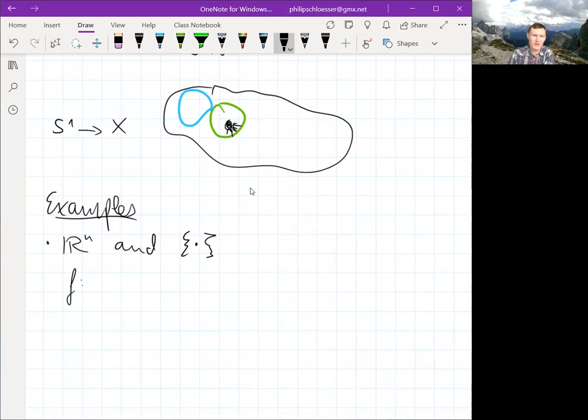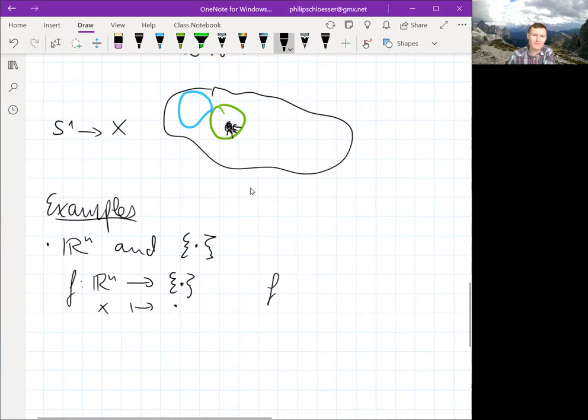So we have f from R to the n to the set containing one point. Well, I think at some point we have established that a singleton set is the terminal object of the category of sets, and also of topological spaces. So there is only one map that we can define, namely just everything maps to that point.